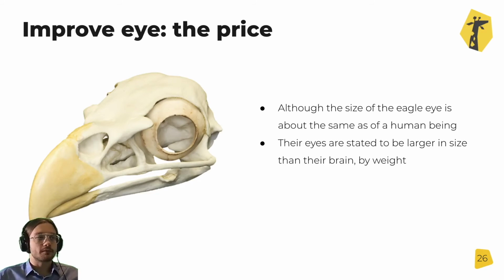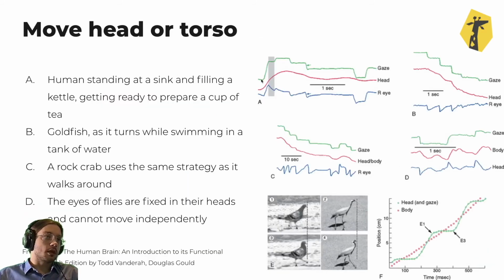Another way is to move the head or torso. On the right upper picture, you can see recordings of movements for different parts, for example, gaze change, head movement, and right eye movement. Here you can see it for different animals. A is for human, and it is a relatively smooth head movement, but we have saccades.